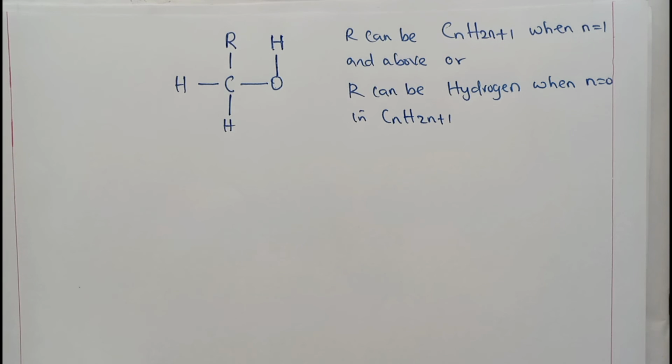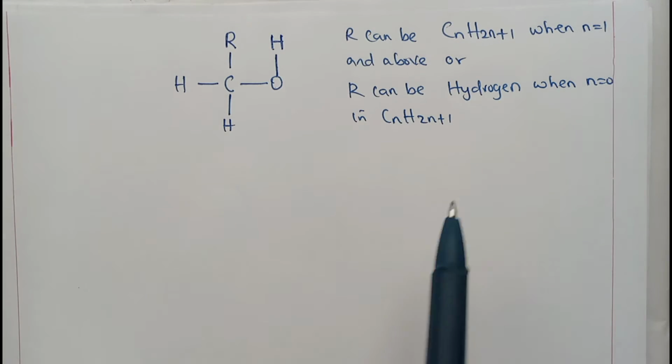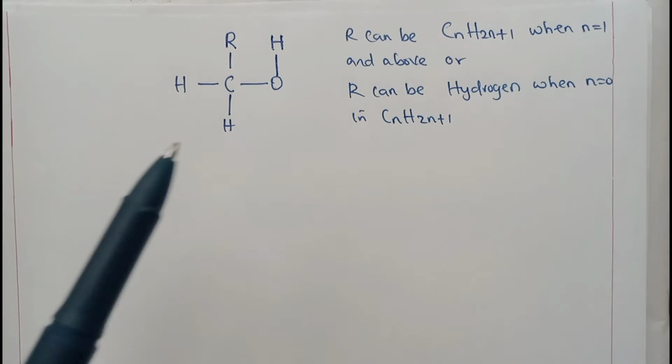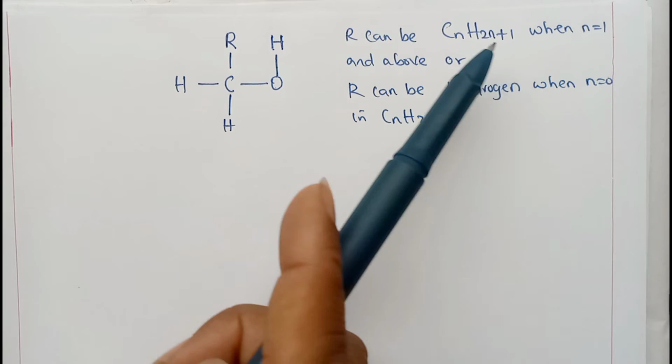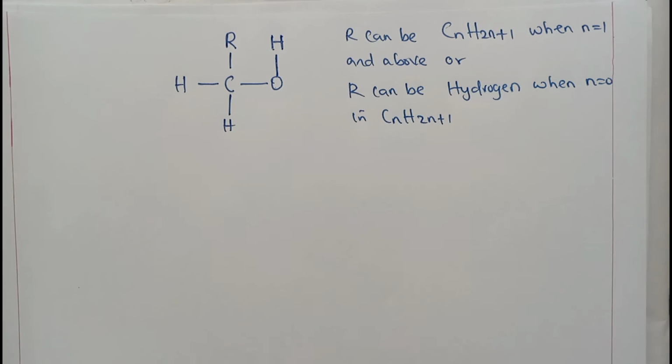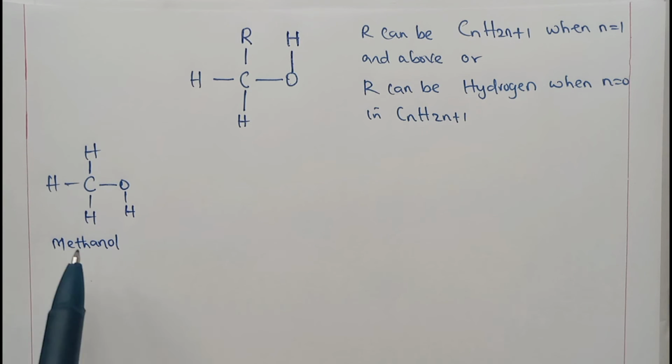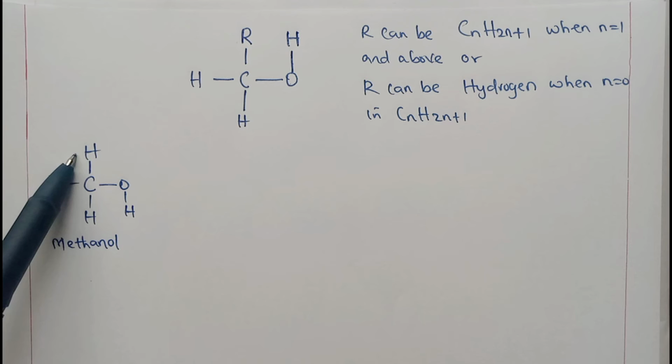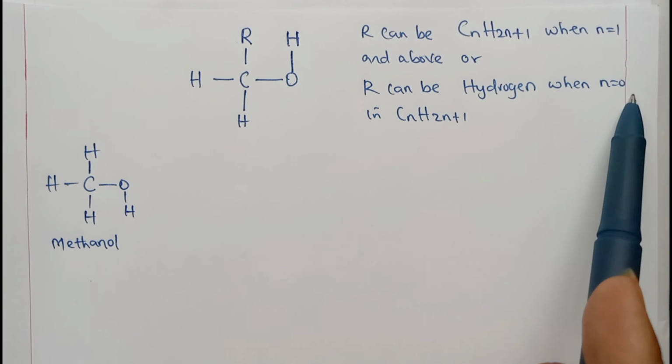This R can be alkyl group that is gotten from CnH2n+1, or it can even be only hydrogen, because if n here is 0, if you put 0 here, only one hydrogen will remain. Therefore, we can have something that looks like this. This is for methanol. You see, this R here is being replaced by H. That is when n is equal to 0.